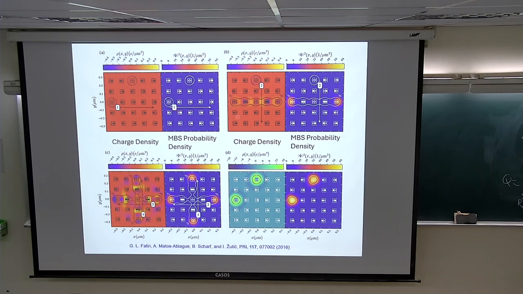That's why you see this is very small. The scale here is very small, I don't remember exactly. Anyway, this is the probability density, Majoranas here, but the charge density is almost 0 because they are empty. Now you create this wire, you move this, then you create another wire.